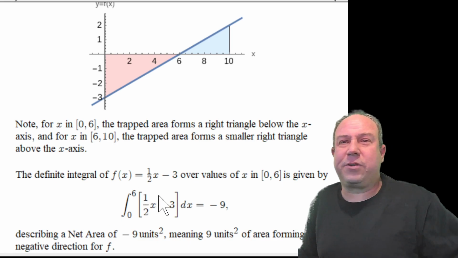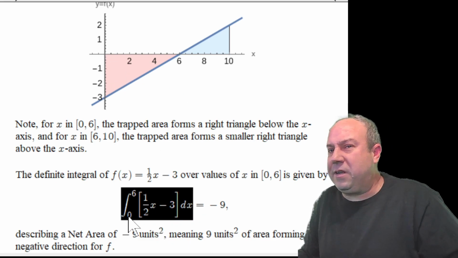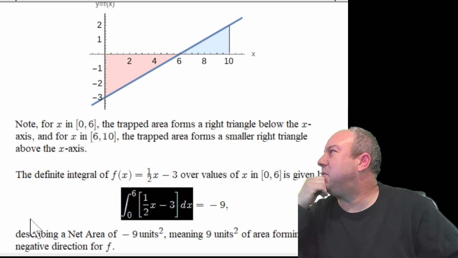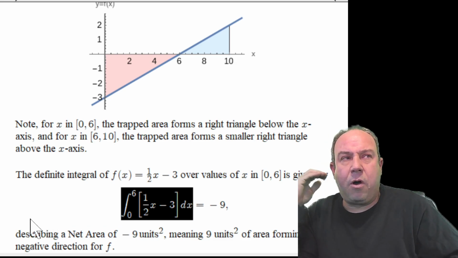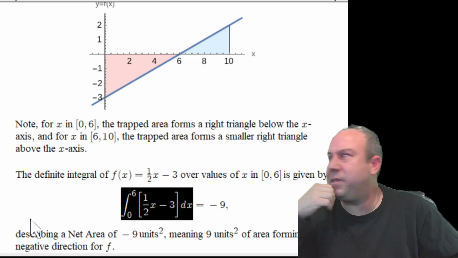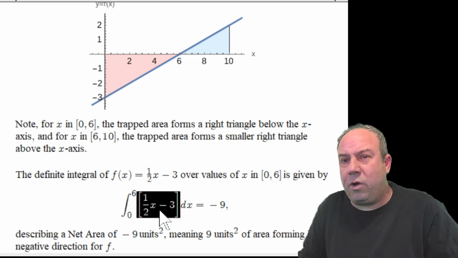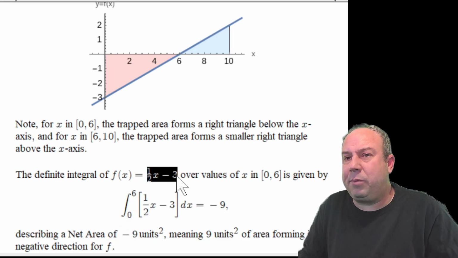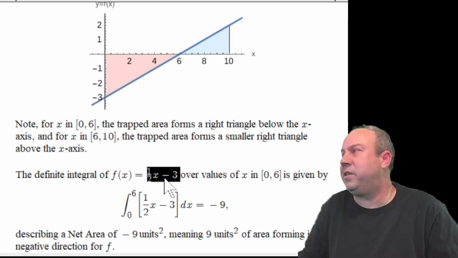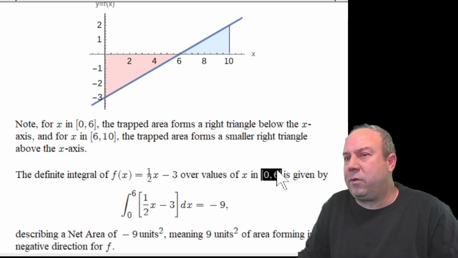So in this first calculation from 0 to 6, the definite integral would be set up as an integral over the bounds from 0 to 6. The limits on the integration would be from 0 to 6. Our integrand would be the function 1/2 x minus 3. We'd be applying the definite integral calculation to this function, over the interval we're looking at.